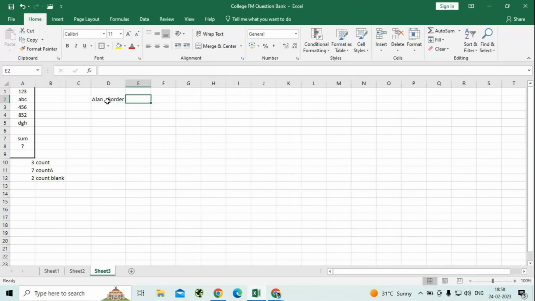Two or three spaces are there. Generally, how many spaces do we keep between two words? One, sir. One. So here there are more spaces.